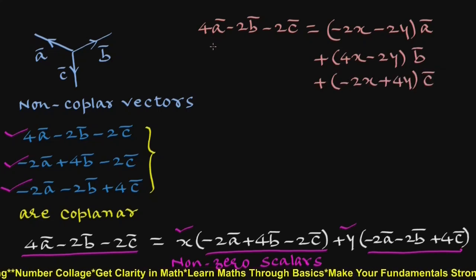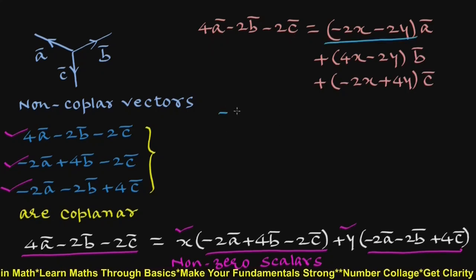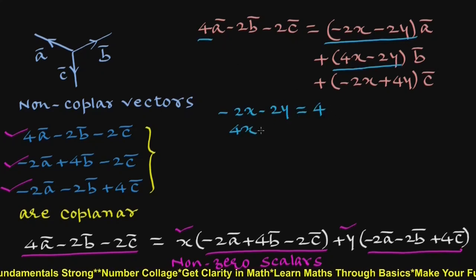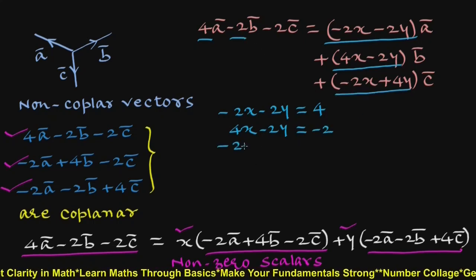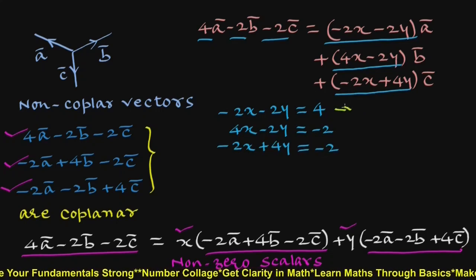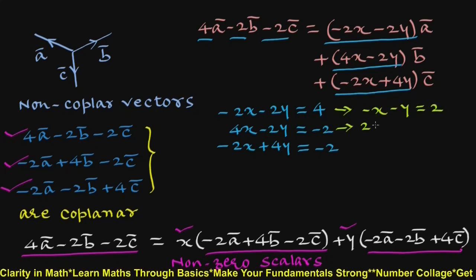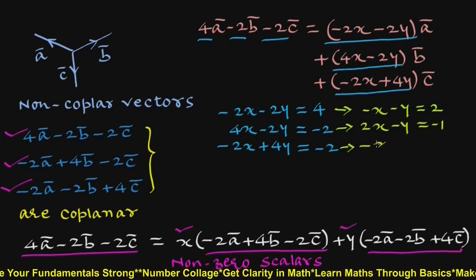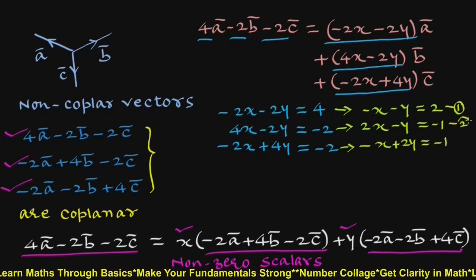Now comparing the coefficients of a bar, b bar and c bar, we write minus 2x minus 2y equals 1, 4x minus 2y equals minus 2, and minus 2x plus 4y equals minus 2. This equation becomes minus x minus y equals 2. This becomes 2x minus y equals minus 1, and this minus x plus 2y equals minus 1.